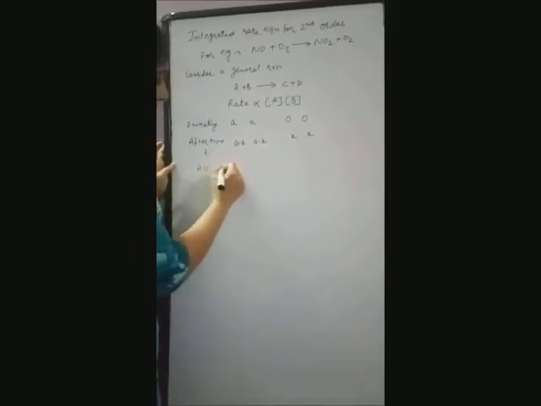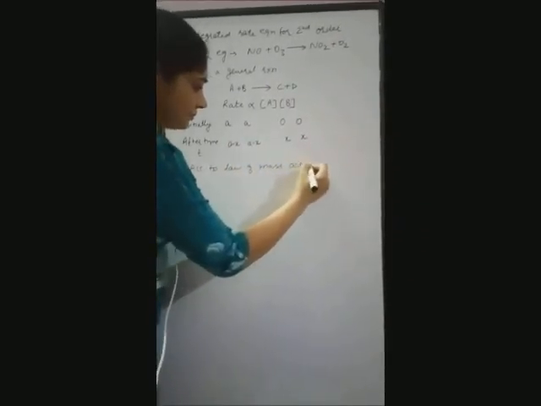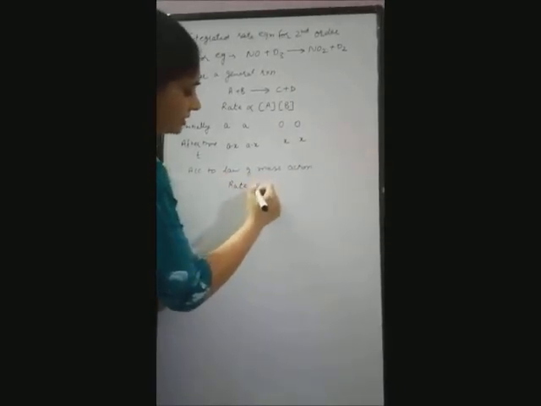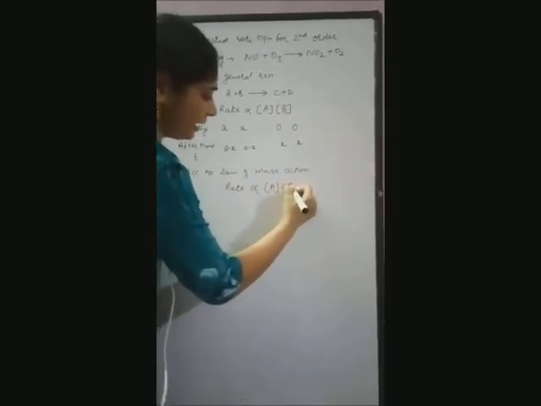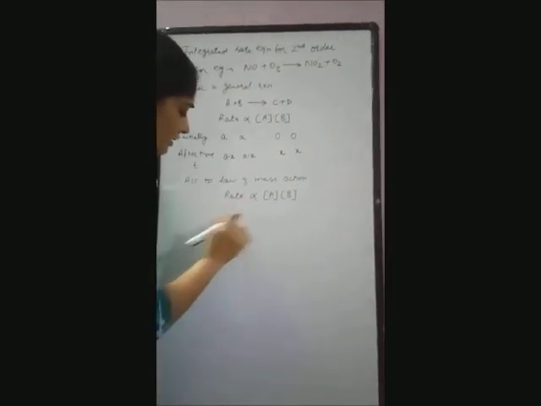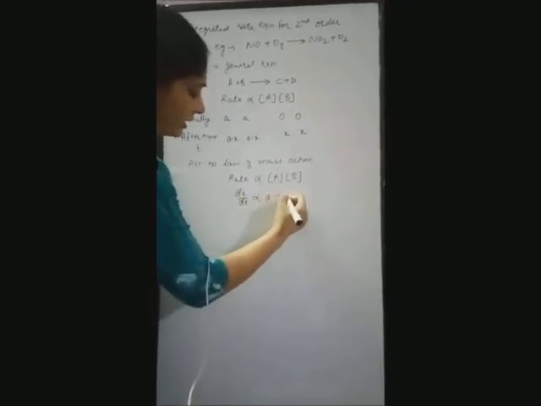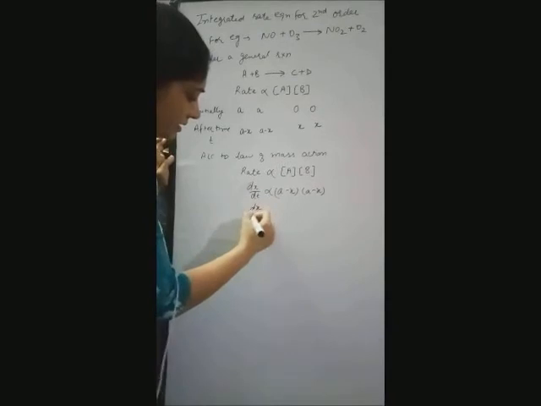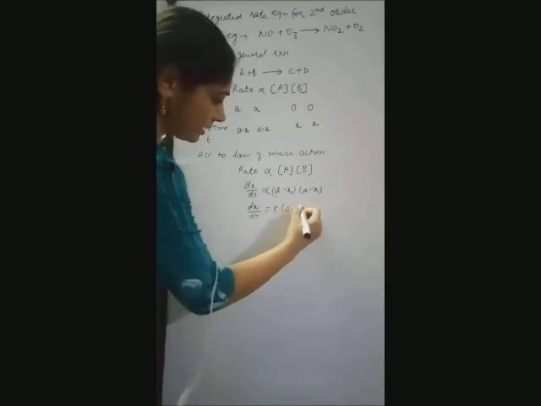According to law of mass action, rate of the reaction is directly proportional to concentration of A and concentration of B. That is, dx upon dt is directly proportional to (A minus X) into (A minus X), or dx upon dt is equal to K into (A minus X) whole square.